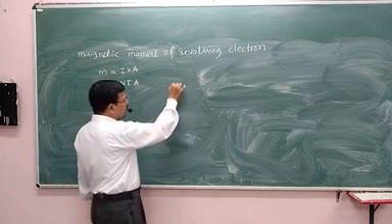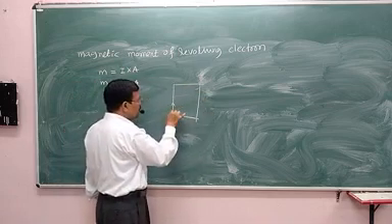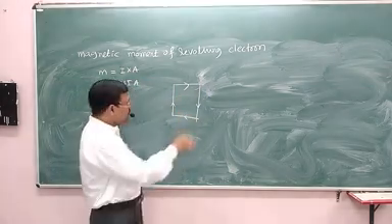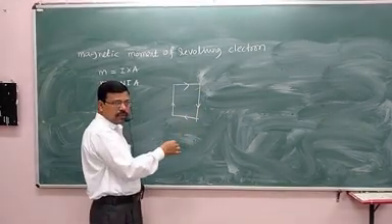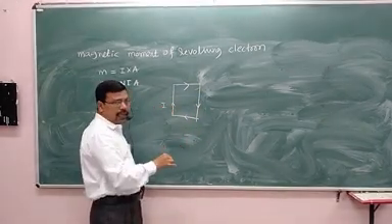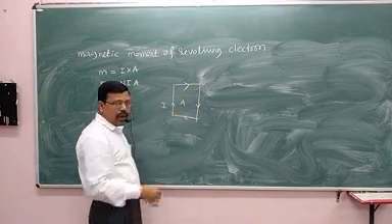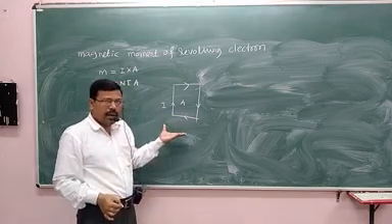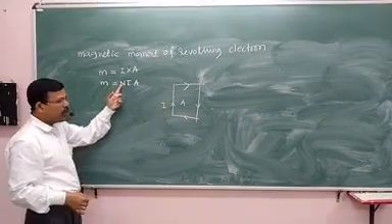For example, we have here a rectangular current carrying coil whose area is length into breadth, which is carrying current I. So the current and the area of this coil give the magnetic moment of this coil. If there are several turns, then it would be NIA.